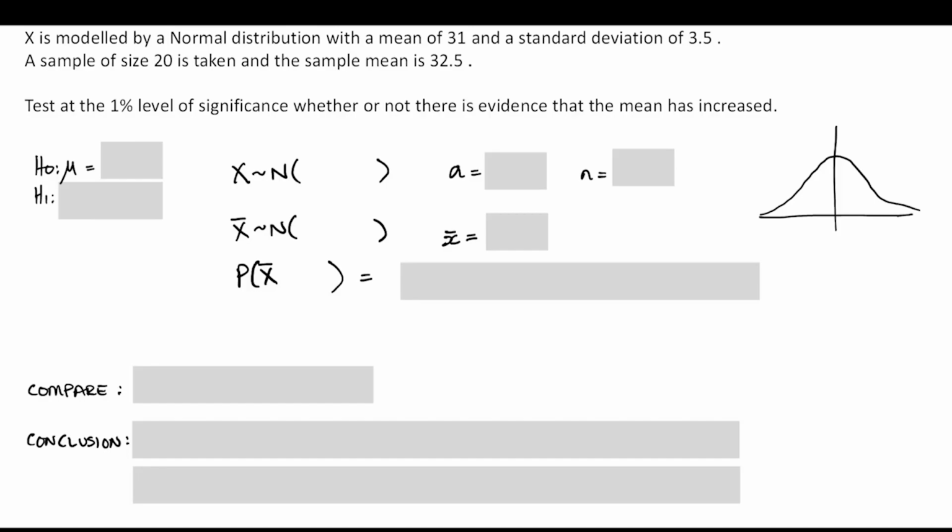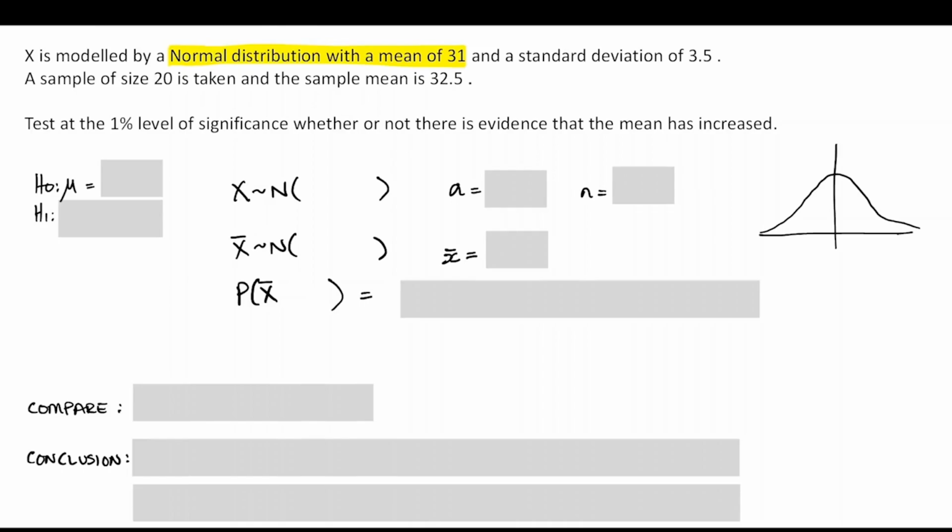I'm just going to go back through and pick out some of the important information and explain how it's used. So we are told that the normal distribution has a mean of 31. 31 is going to be used in multiple places in this working out. Because the normal distribution mean of 31, so the population mean, is in the hypotheses.